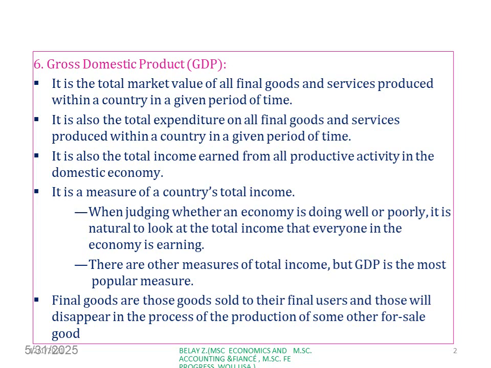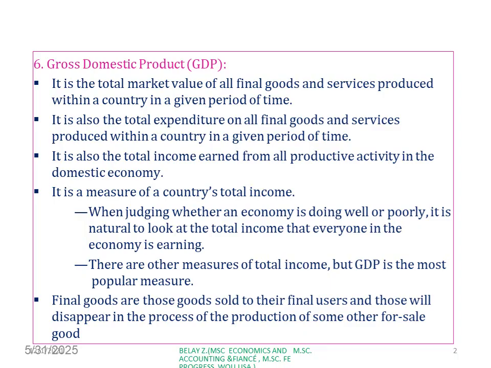Again, it is also the total income earned from all productive activities in the domestic economy. This means GDP is measured in 3 ways, that is expenditure approach, income approach, and also production approach. Whatever the case, the value of the 3 approaches is the same.